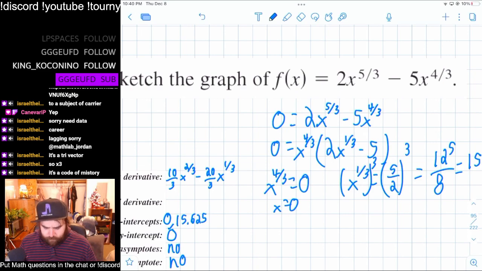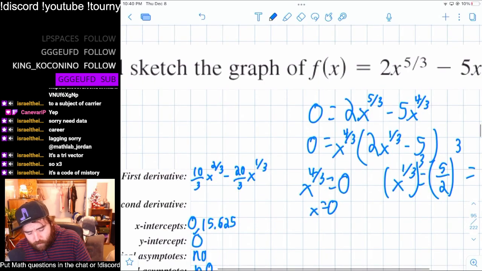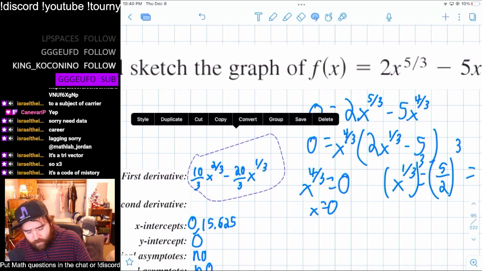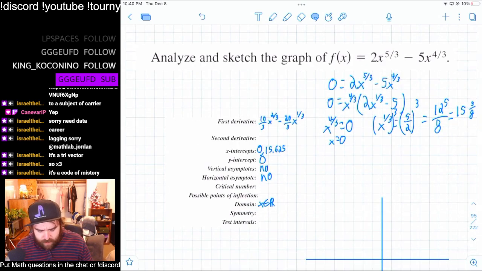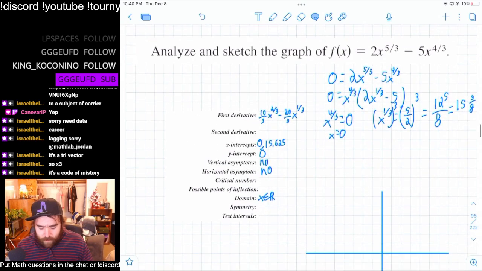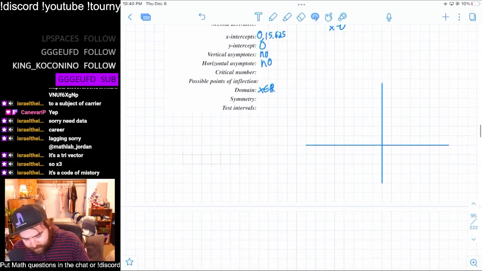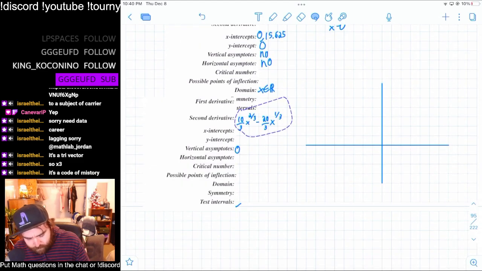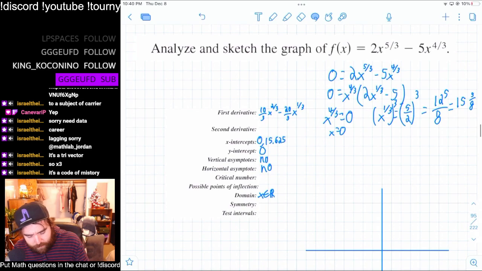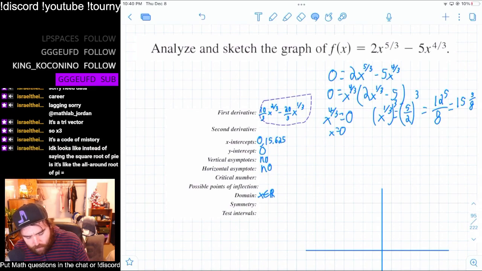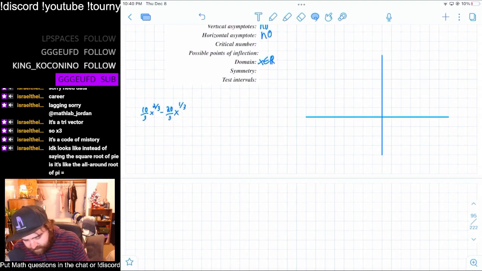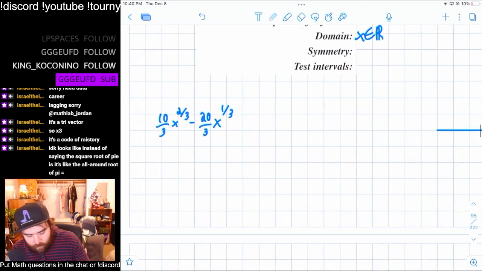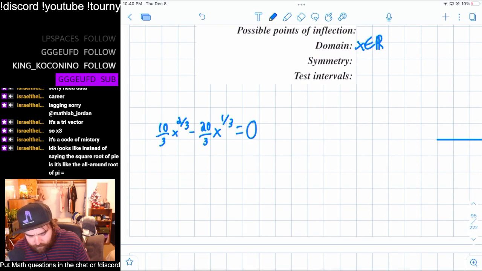Okay, so for our critical values, we need when does this equal 0 and when is it undefined. So I thought it would be undefined at some point, but that's never going to be undefined. Undefined would probably mean that it's got a vertical tangent line. It will equal 0 at a few different places.